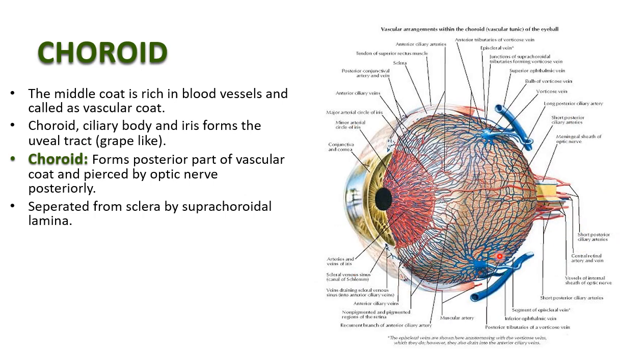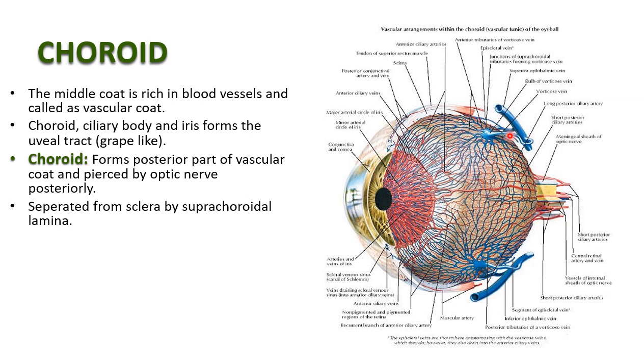Here you are able to see that it is mainly made up of blood vessels. The choroid is the uveal tract layer which forms the posterior 5/6 of the eyeball. Anteriorly you have the ciliary body and then the iris.